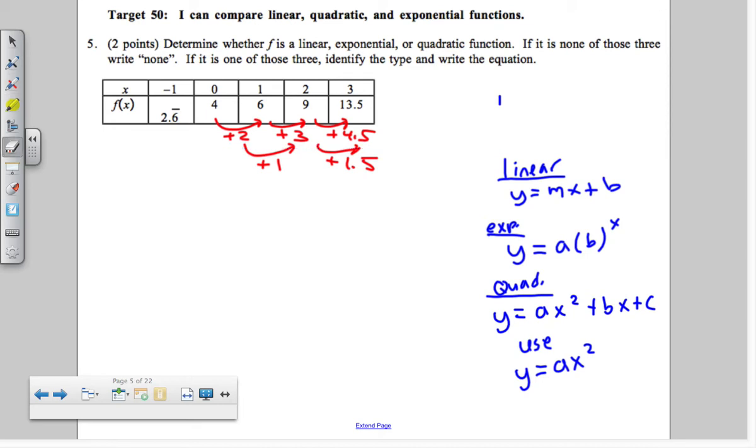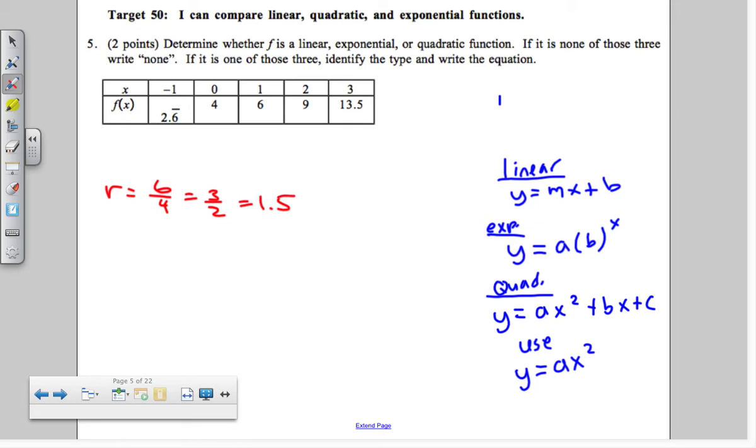If it's exponential, there is a common ratio. And to get a common ratio, what you can do is you can divide. 6 divided by 4, which reduces to 3 halves, or 1.5. And you'd want to see if that's the same as 9 divided by 6, which it is. 13.5 divided by 9.